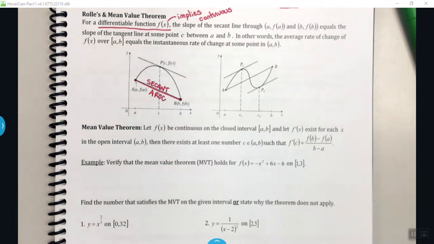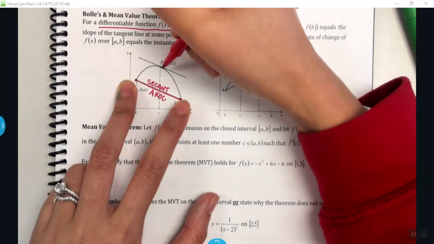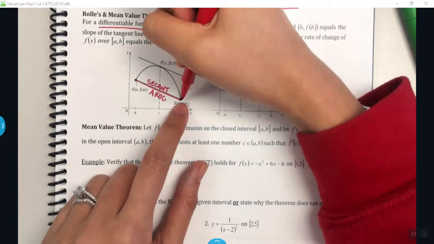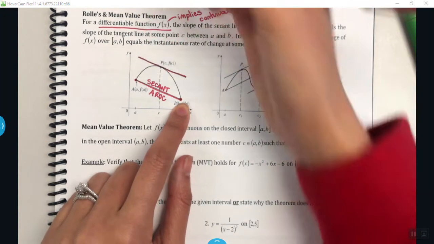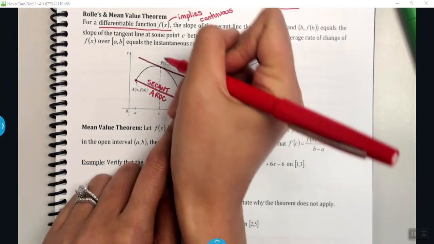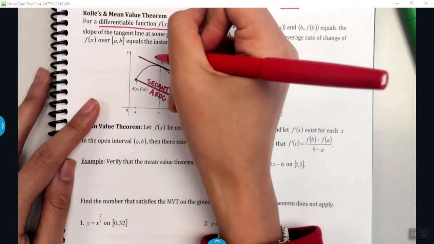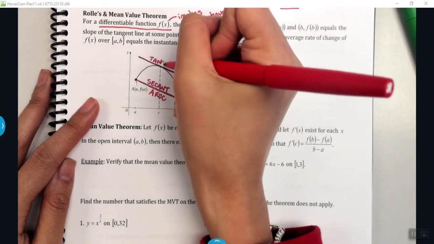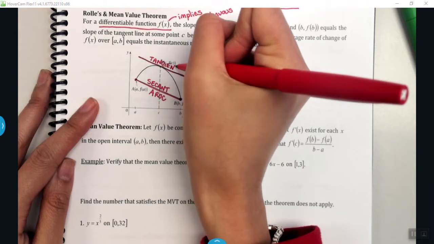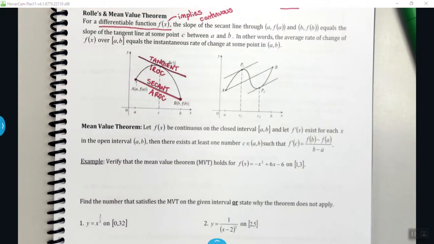Then what you can prove is that if your average rate of change is a certain value, then you'll have some point in between A and B where your derivative or your instantaneous rate of change will be parallel to your average rate of change. So they'll be equal. So you can prove that tangent or instantaneous rate of change will be parallel to your average rate of change.